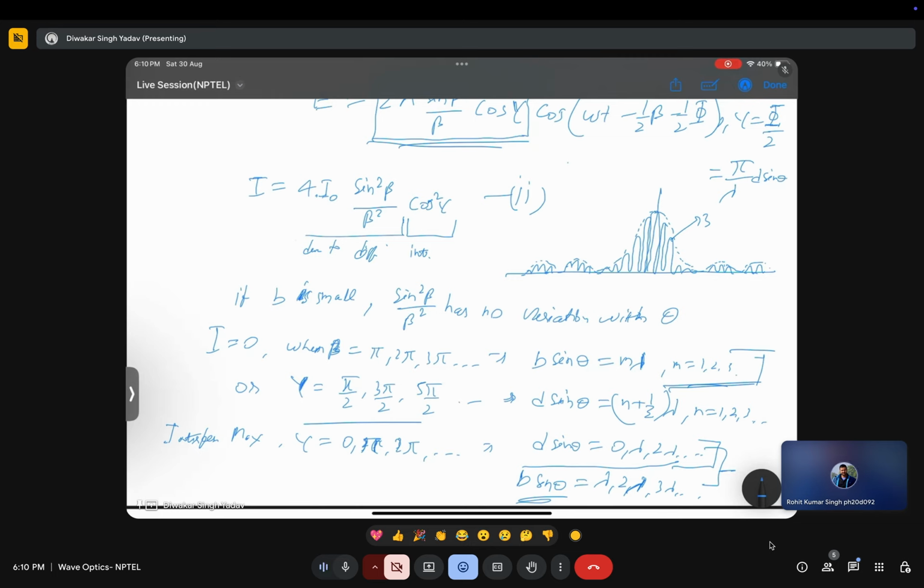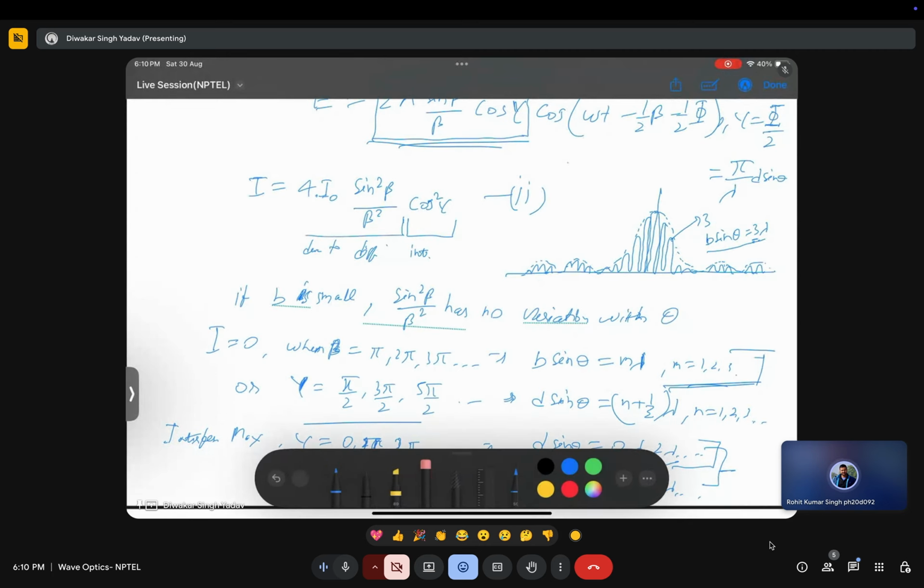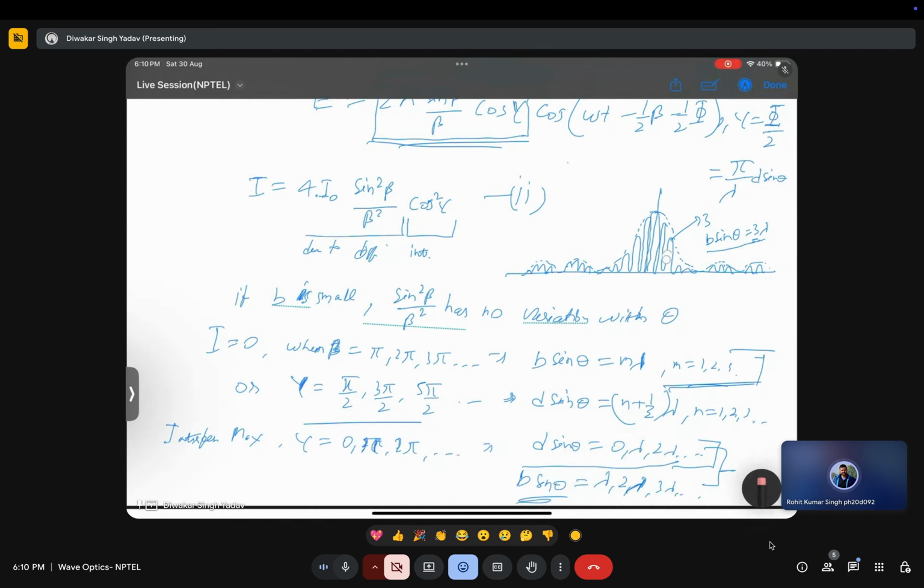That means if b sine theta is also 3 lambda, then at this place, because the third order is maxima for interference and this is the third order minima from diffraction, these two will overlap, and this one will be missing from the diffraction pattern.